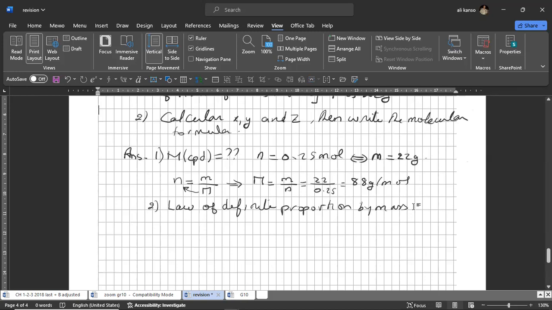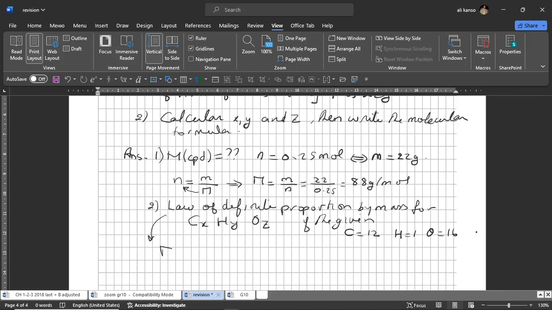How to apply it? Apply it for CXHYOZ, where carbon's molar mass is 12, hydrogen is 1, oxygen is 16. What does the law state?